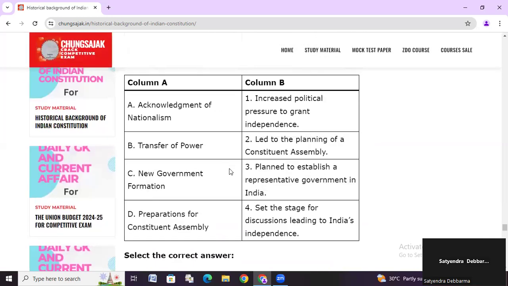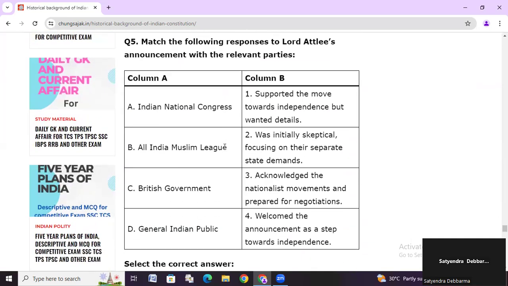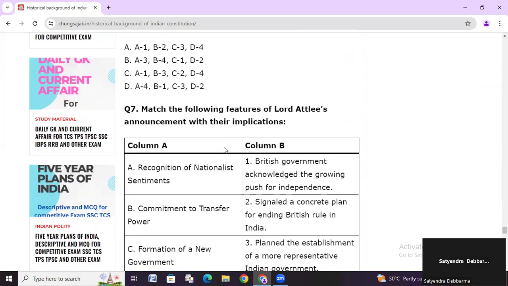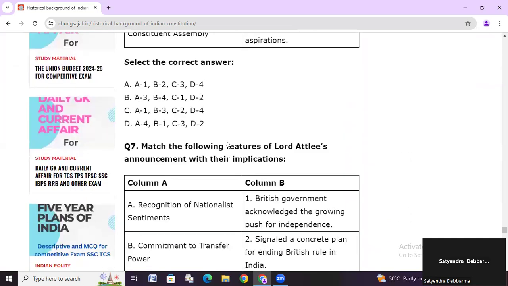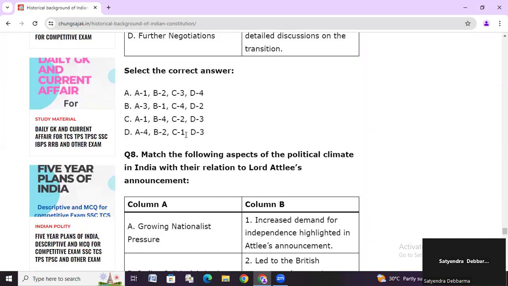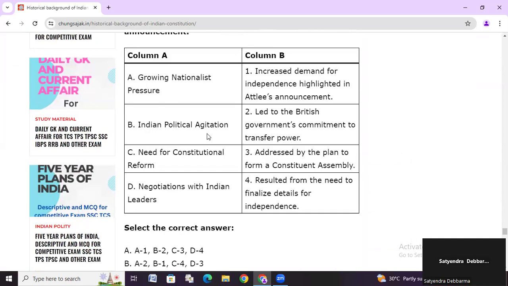If you understand the explanation, then you can solve the MCQ. Try to solve MCQ, then automatically you will crack your exam.